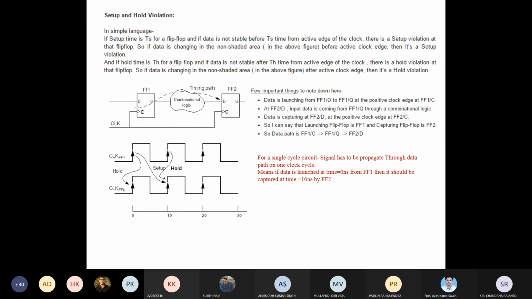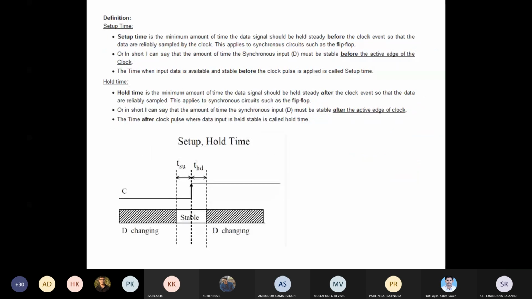So as the name indicates, setup violation and hold violation. In a simple manner, if your data is not stable during the period of TSU, then it is a setup violation. Or if your data has not reached this point, or even after reaching it is not stable, that is also a setup violation. Similarly, if your data is triggered, after that the data must not change till the whole period.